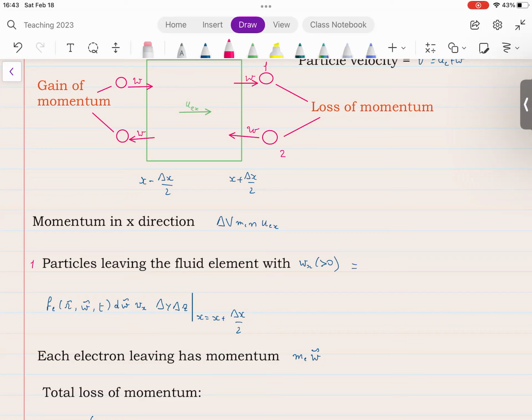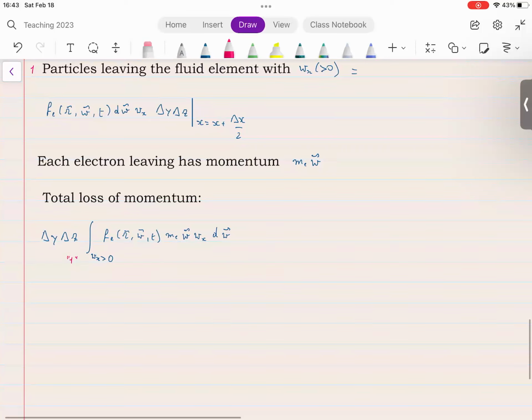How many particles am I going to have? Well, I figure that out in the same exact way. And what is going to be the total loss of momentum? I do the same integral just on particles with negative wx.